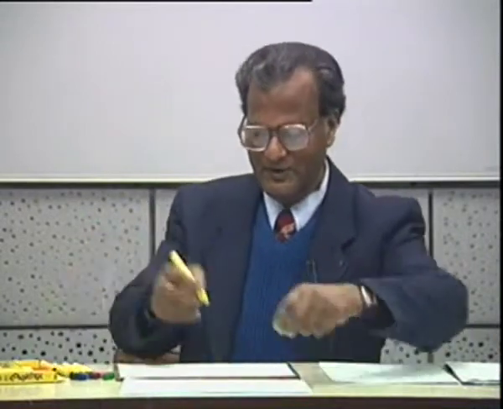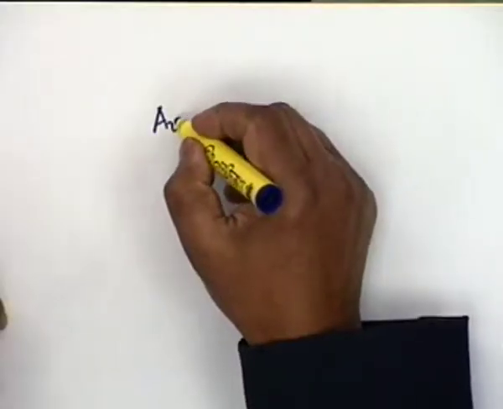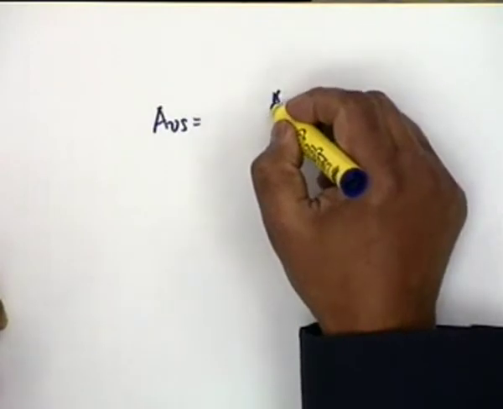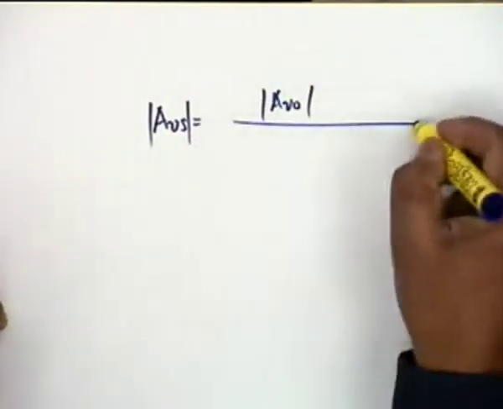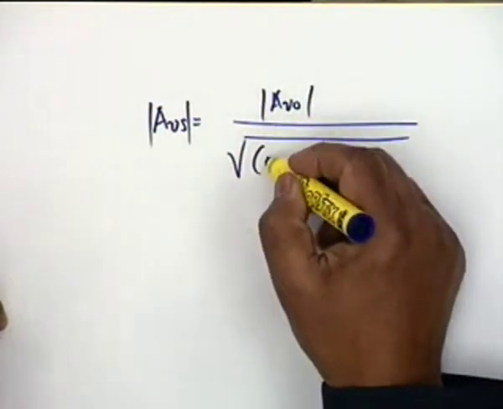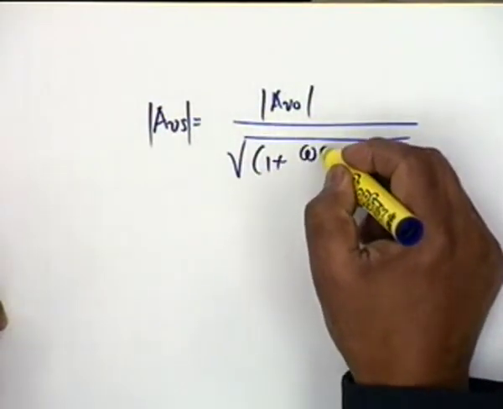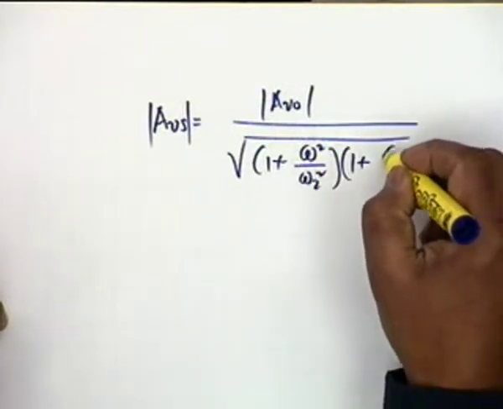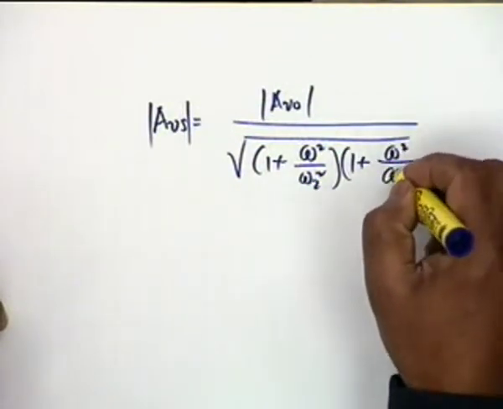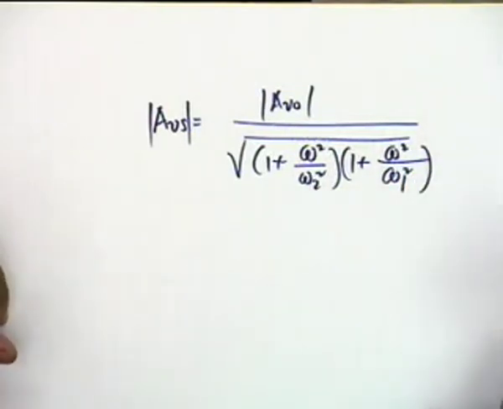You see, what happens is, if I write AVS as equal to AV0, the magnitude divided by square root of 1 plus omega squared by omega 2 squared multiplied by 1 plus omega squared divided by omega 1 squared.